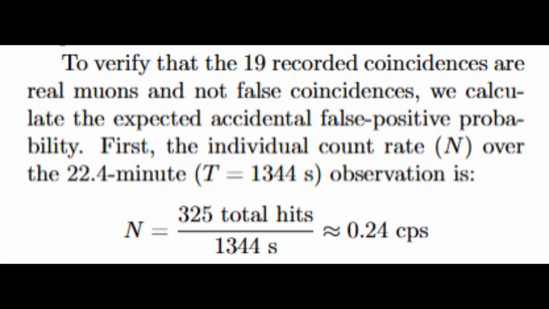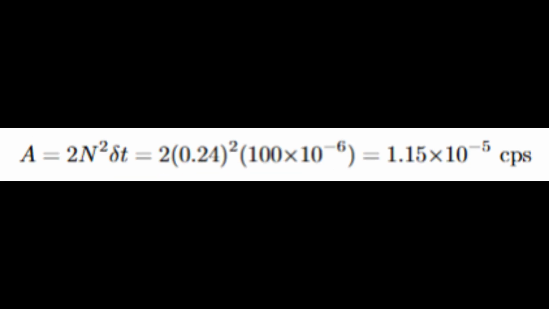To verify that these 19 recorded coincidences are real muons and not false coincidences, we calculated the expected accidental false positive probability. First, the individual count rate is calculated like this, which is 0.24, and using the 100 microseconds that we found from MATLAB, we calculated the total expected accidental count, which amounted to 0.015.